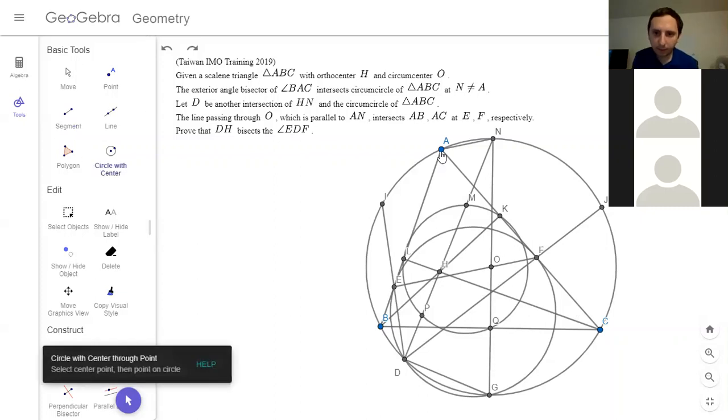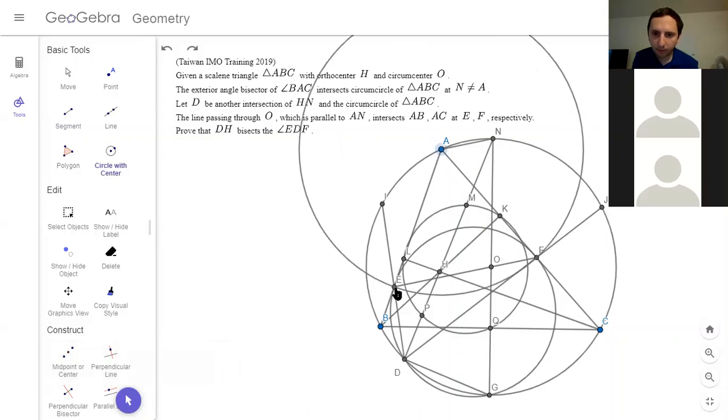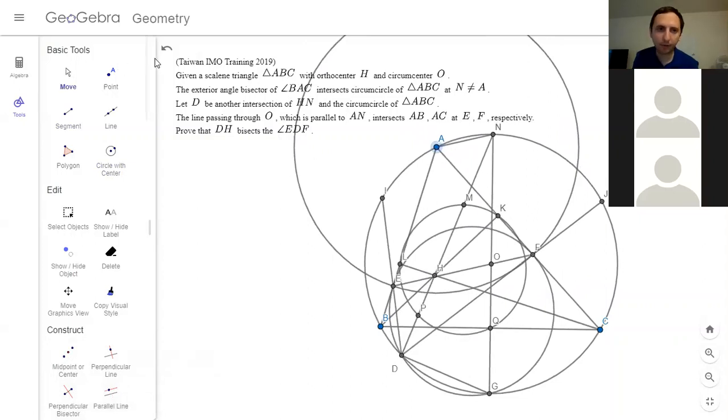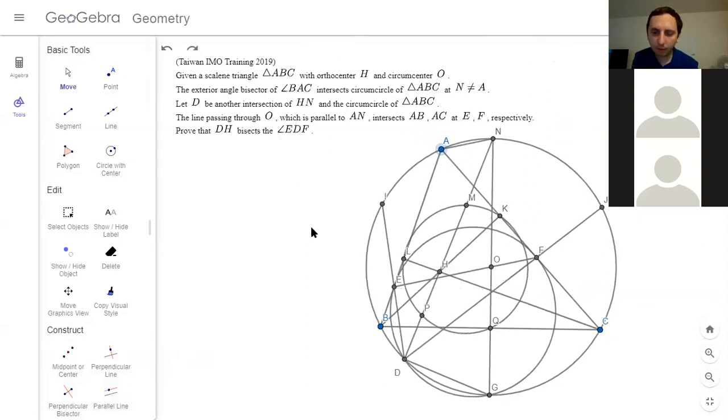Does AE equal AF? So AE equals AF, right? Yeah, because of the parallelism. So we want to use, I think, also that AE equals AF.